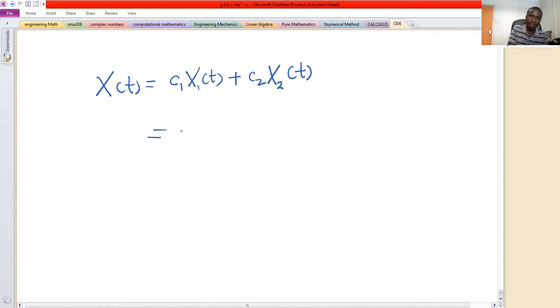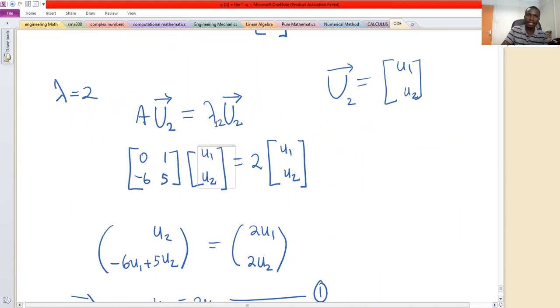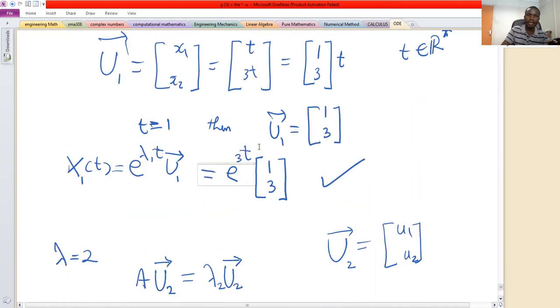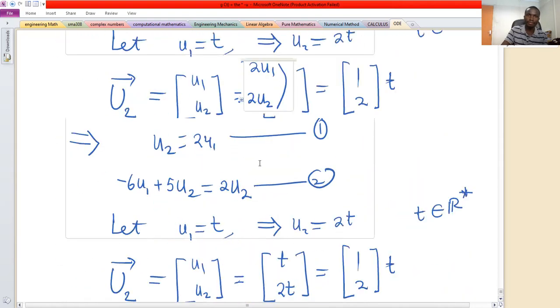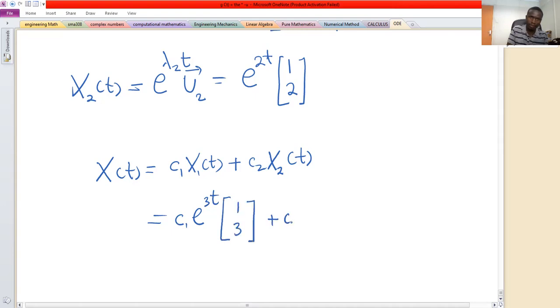So this will be C1 x1 of t, we got our answer as e raised to the power 3t, 1, 3. And x2, we have gotten our answer as e raised to the power 2t times the vector 1, 2. So this is x of t.